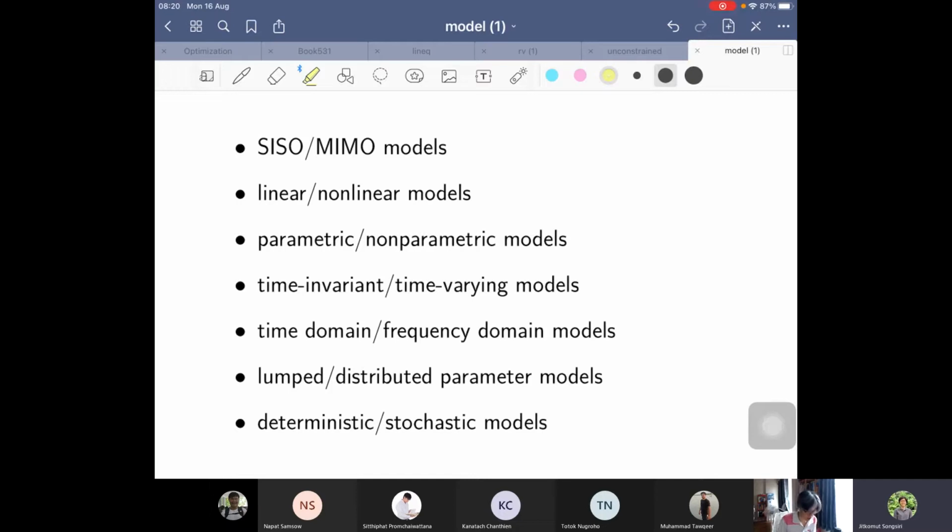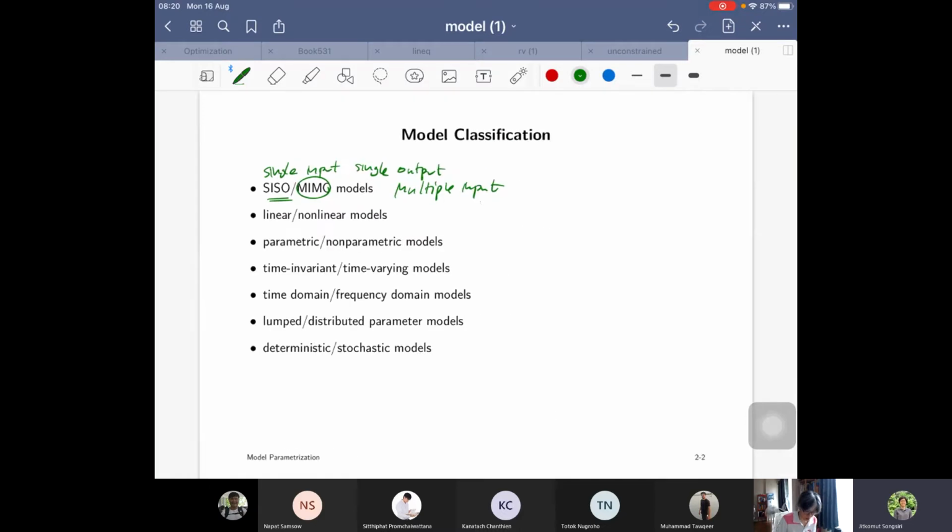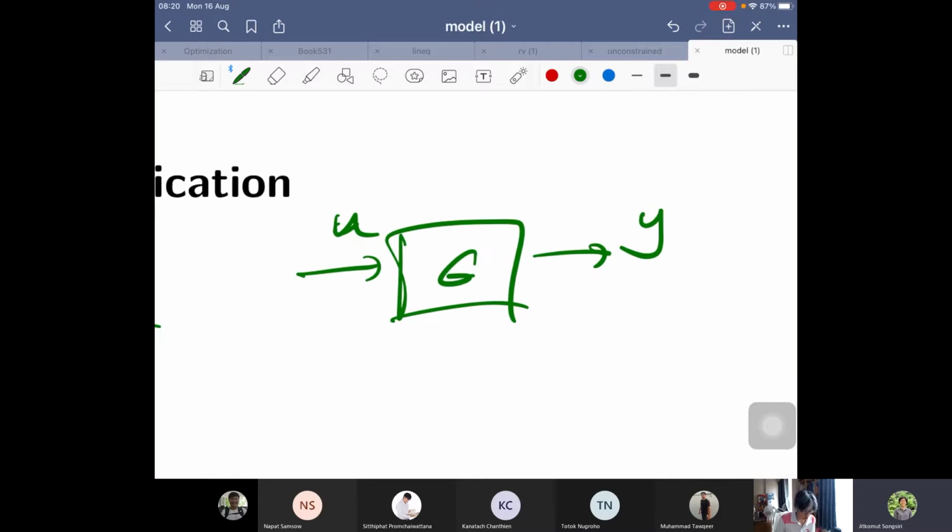For example, the model can be single input, single output, which in short we call SISO, or the model can be multiple input, multiple output. Okay, what does it mean? It means that Y and U that we are interested in the model, this is input, right?